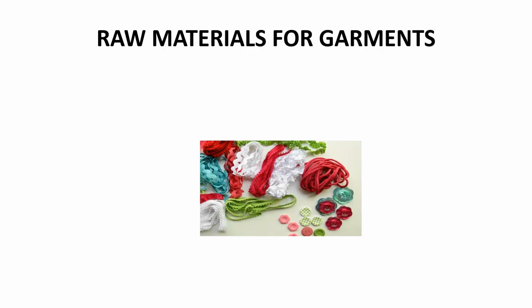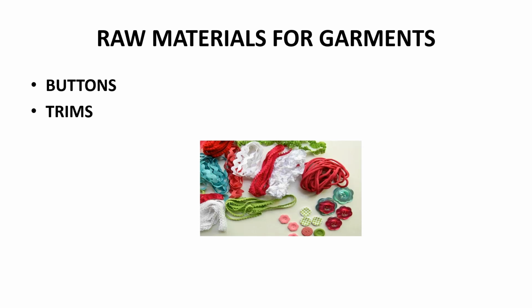So for raw materials for garments, we will talk a little bit about buttons also, and we will talk about different trims. As you know, students, these particular trims are normally used either for functional purpose or for decoration purpose.